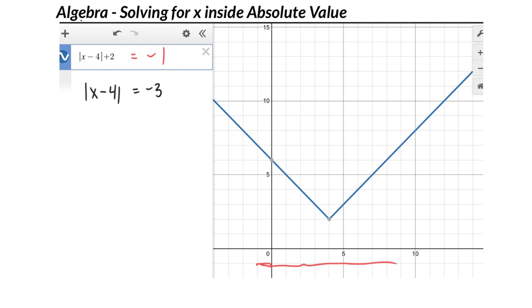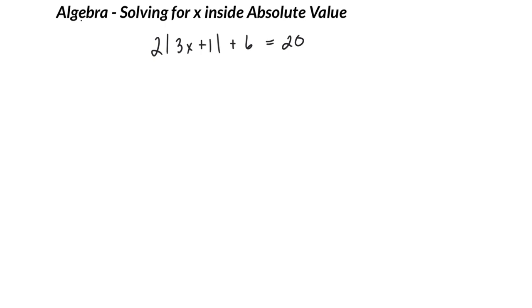All right, let's do some that don't involve the graph. Here I've got 2 times the absolute value of 3x plus 1, plus 6, equals 20. So I am going to just work around the absolute value to begin with. We're going to subtract 6 from both sides, and divide both sides by 2.